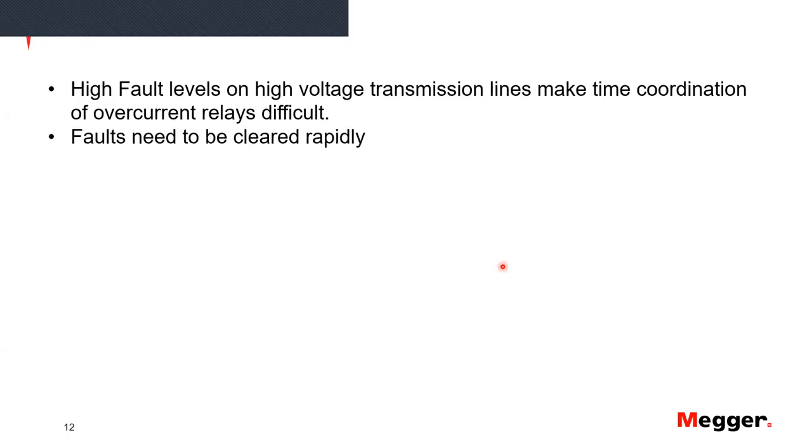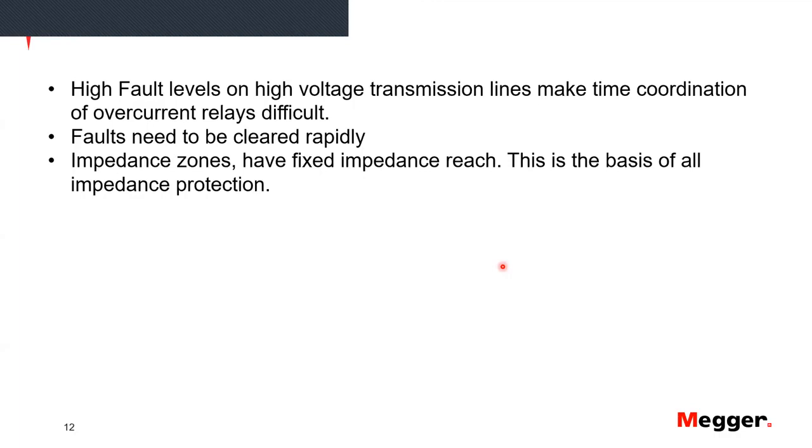The second one is that the faults need to be cleared rapidly. We were talking before that current-based or current time-based coordination schemes tend to be a little bit slower. With distance protection, we can detect and clear faults very rapidly. We have, with distance protection, fixed impedance reach. We will see what that means a little bit later. And I'm going to say something that is very important. The basis of all impedance protection is the fact that the impedance zones have fixed impedance reach.